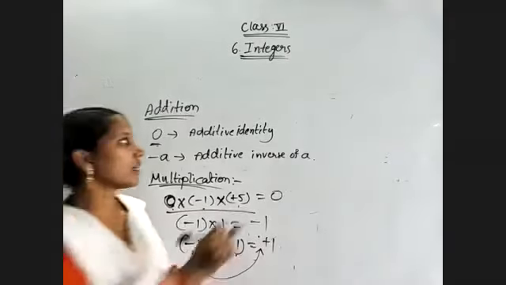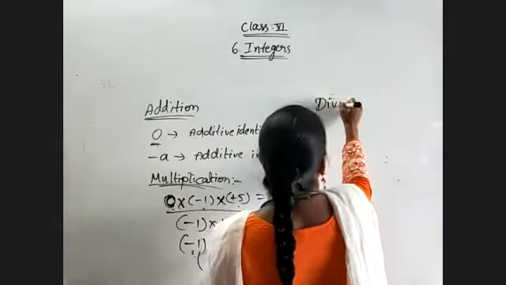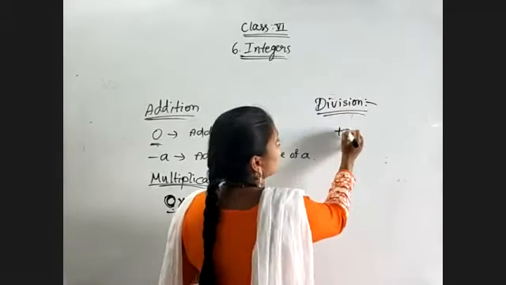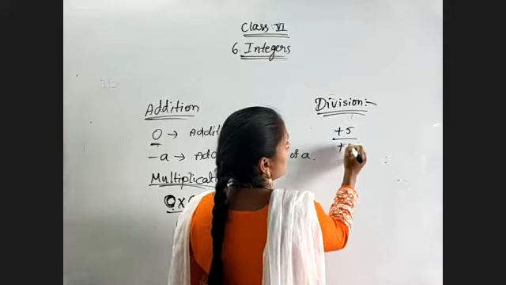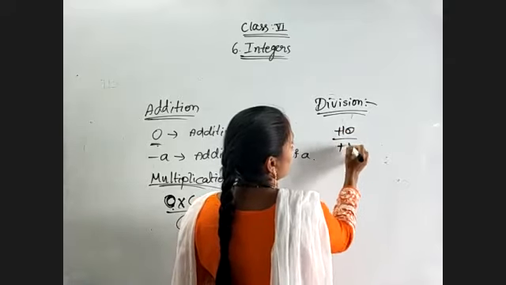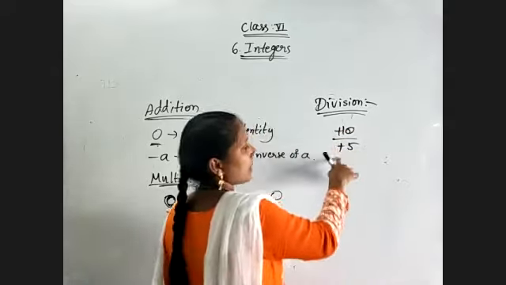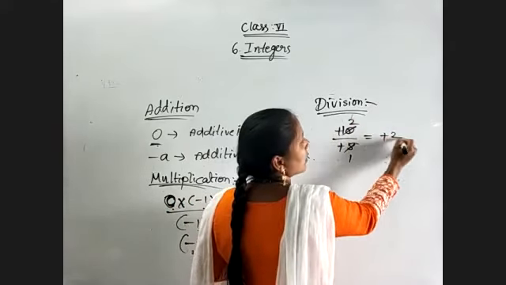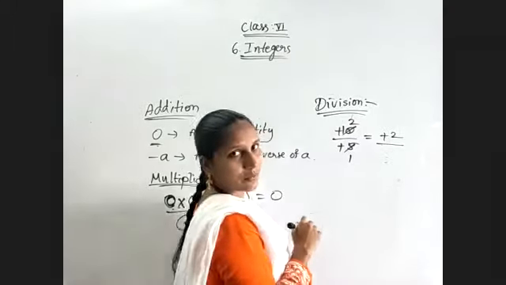And after that we have division of integers. Remember, if you are dividing positive integers, plus 10 by plus 5, 5 twos are 10, so your answer will be positive.